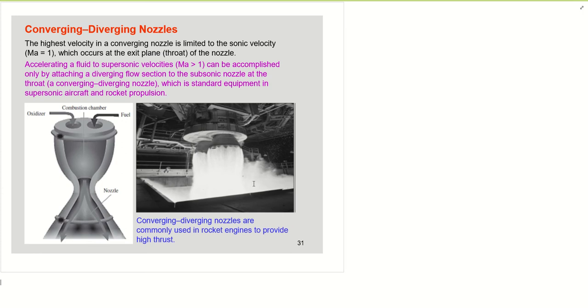Accelerating a fluid to supersonic velocity, which is Mach number greater than 1, can be accomplished only by attaching a diverging flow section to the subsonic nozzle at the throat. A converging-diverging nozzle is standard equipment in supersonic aircraft and rocket propulsion.